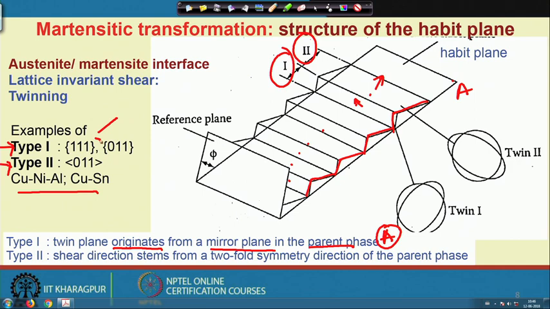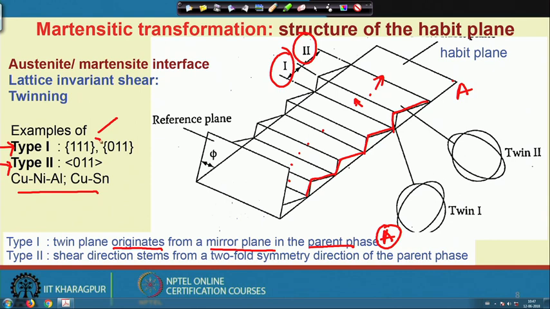So, we have seen that in a martensitic transformation where twinning is involved, not only one type of twin accommodates the transformational strain, but there could be many different types of twin which have different directions and different planes involved in order to accommodate the transformational strain. This is a very interesting and important piece of information to understand the shape memory effect, which will be discussed later on.